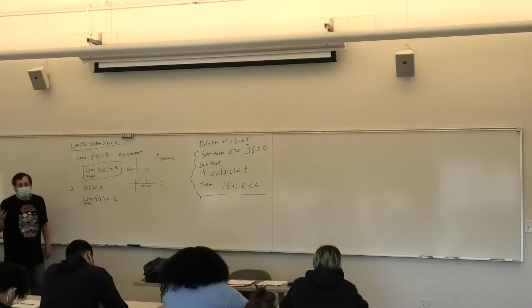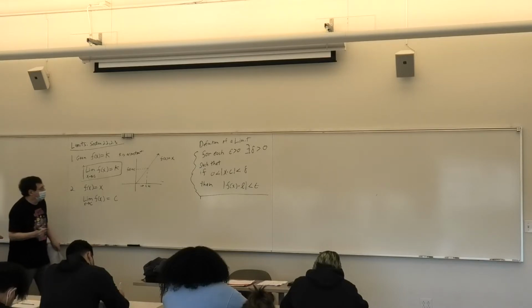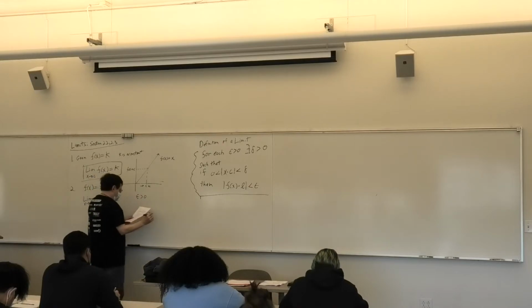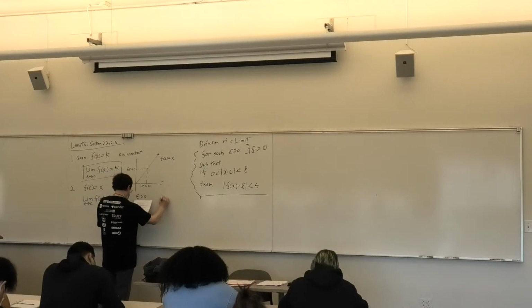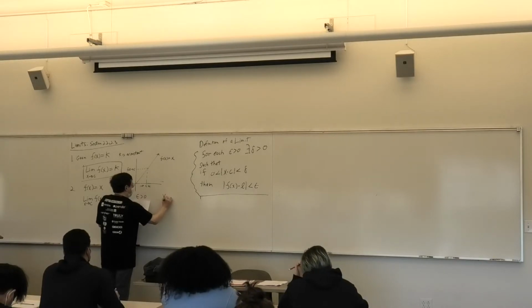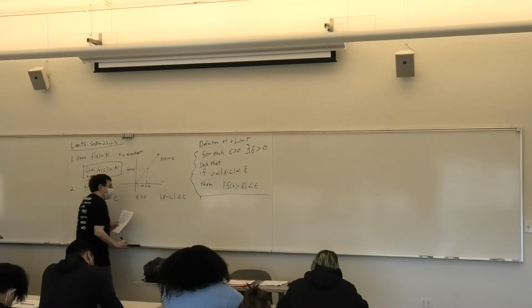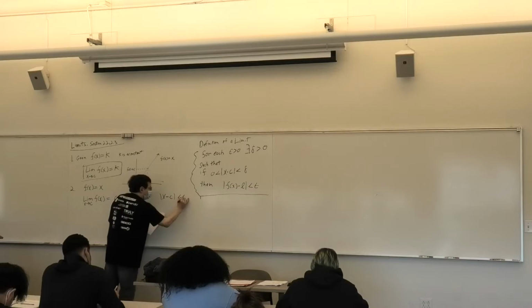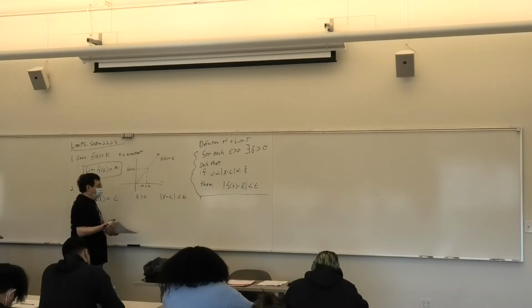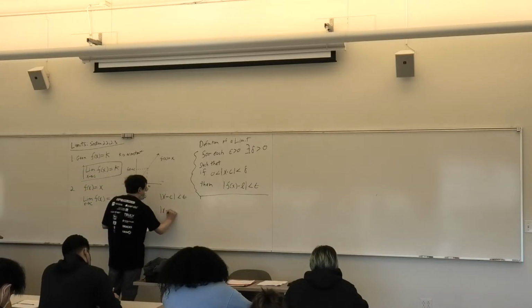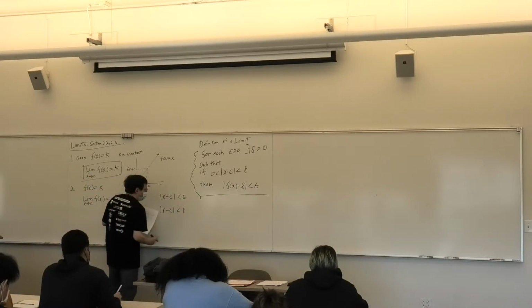Well, again, I can do a delta epsilon proof. It's, again, pretty trivial. Given some epsilon greater than 0, I want to show that x minus c is less than epsilon. So what delta do I have to pick so that this is true?